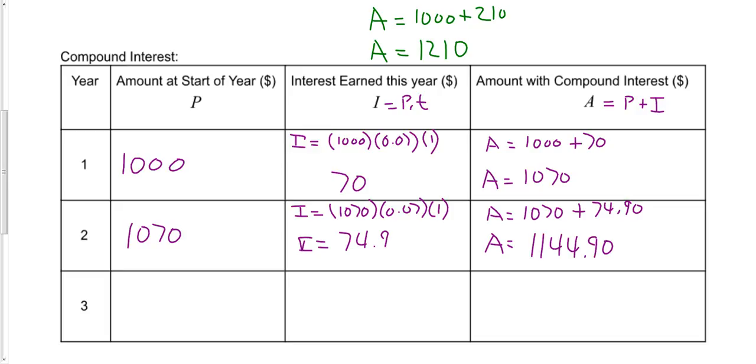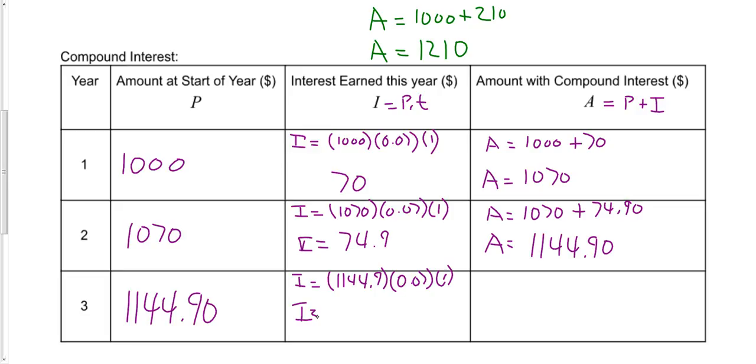So now if we look to year 3, we take our ending value for year 2 and move that here in order to get our starting value for year 3. Okay, and so our starting value for year 3 is $1,144.90. So again, if I do the calculation, I is equal to 1,144.9 times 0.07 times 1.